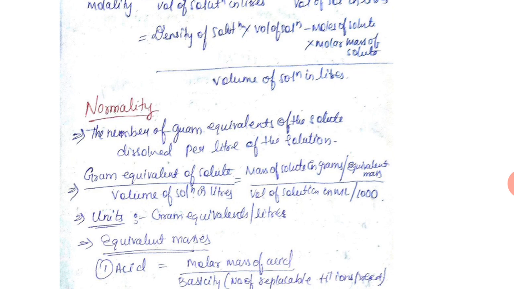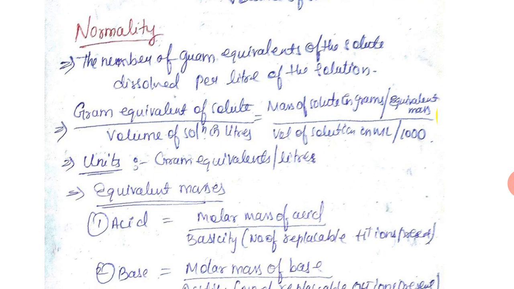So next comes normality. Normality is the number of gram equivalents of the solute dissolved per liter of the solution. So it comes to equivalent. Now what do you mean by equivalent? We have to find out the equivalent mass. We have some formulas for equivalent masses, how it comes in acid, base, element, ions, etc. So now we will go through normality.